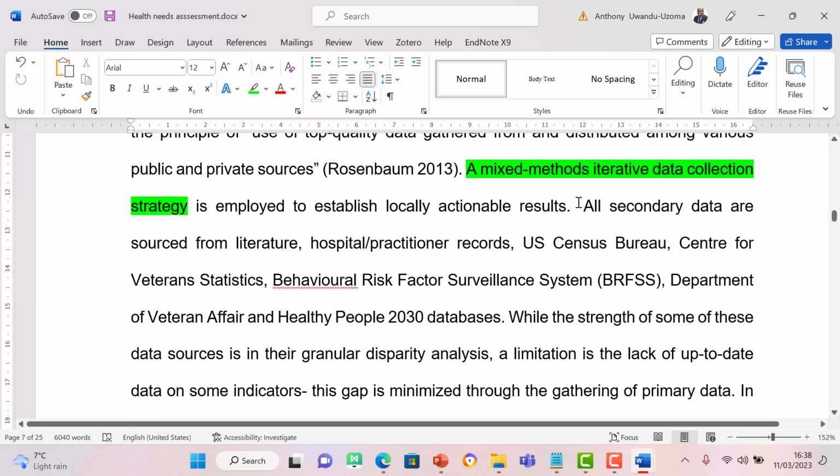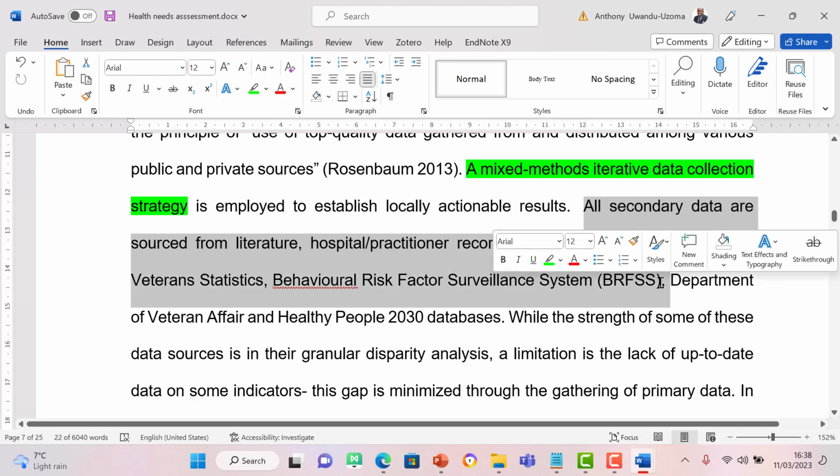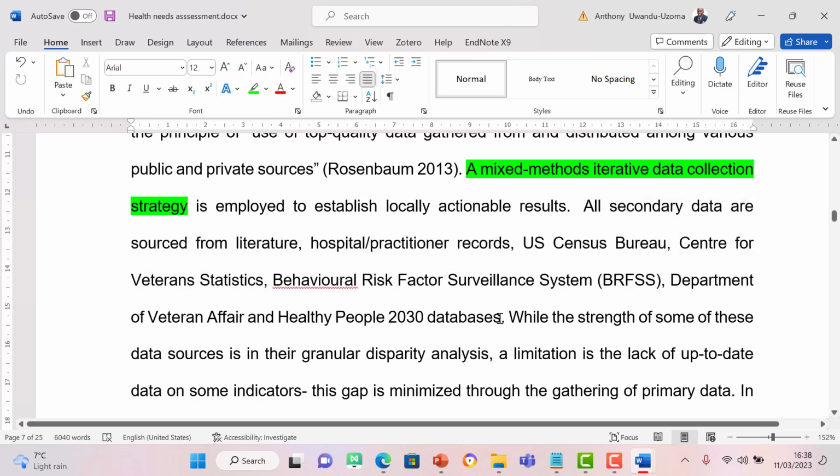And then also source data from hospital records, from literature, from the US Census Bureau, from the Behavioral Risk Factor Surveillance System, BRFSS. Also very important that you know that too. And then from other departments' databases.